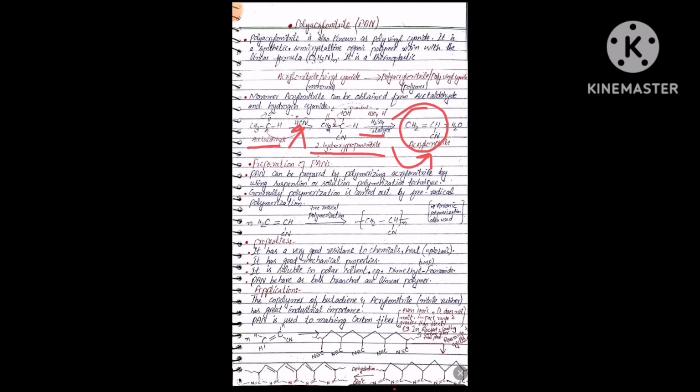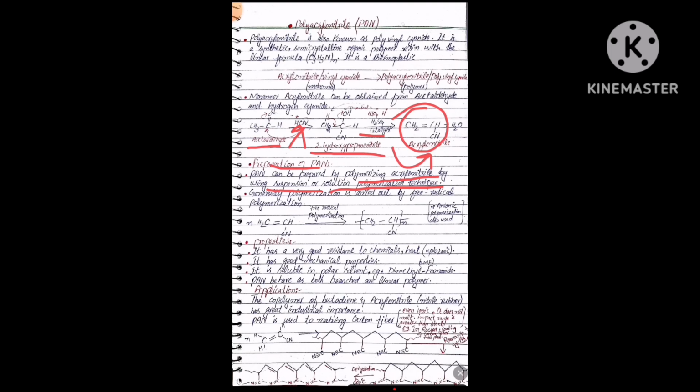Now we will move towards the preparation of PAN, polyacrylonitrile. Polyacrylonitrile can be prepared by polymerizing acrylonitrile using suspension or solution polymerization techniques. Students, these are important terms. We have to remember these techniques, and it is important from the perspective of MCQs.